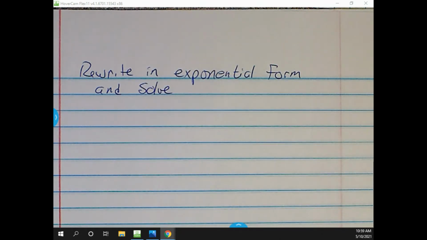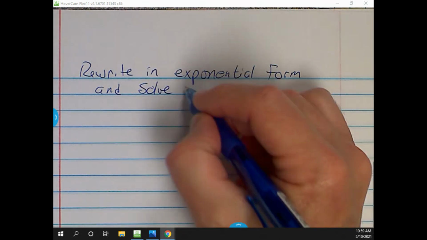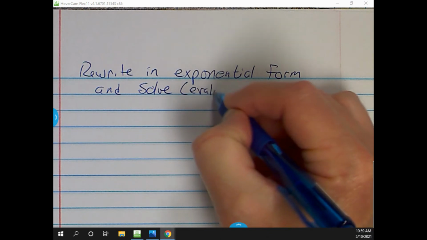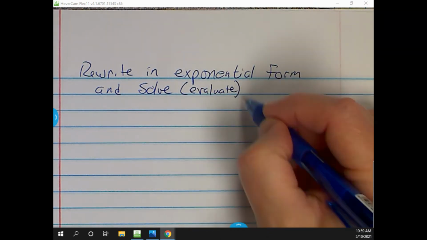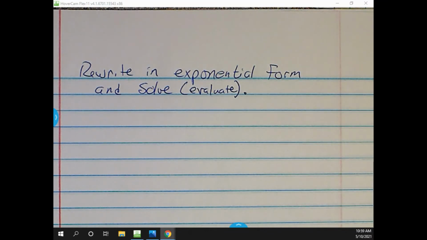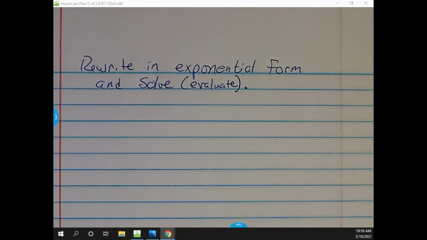I think sometimes they may say evaluate. You know, they might say simplify. They'll basically tell you to do something else for this thing. And we'll do a little bit of both. So most of these we'll rewrite first. Once we've got them rewritten, then we'll go back and solve it for the problem so we can see what's happening with it here.